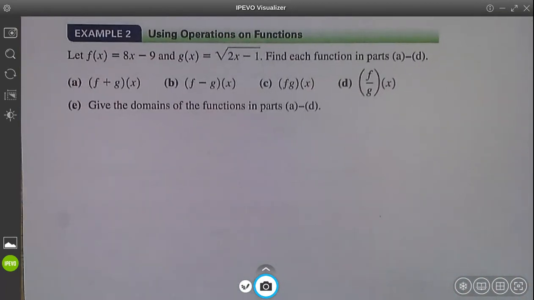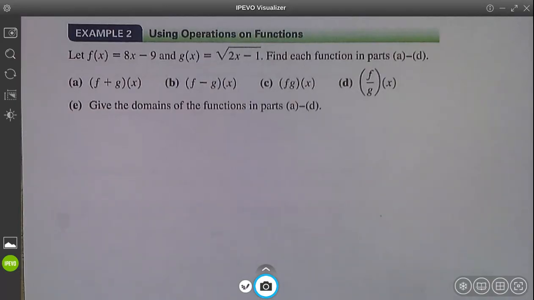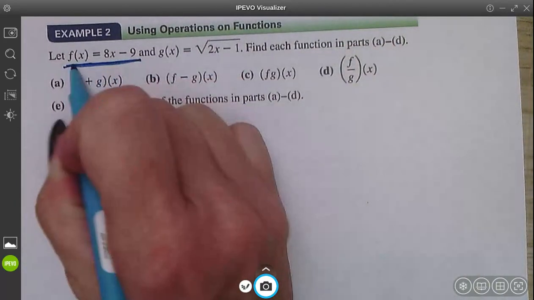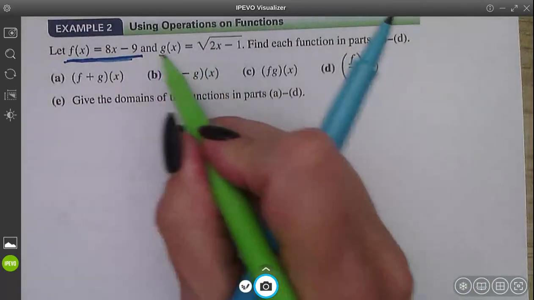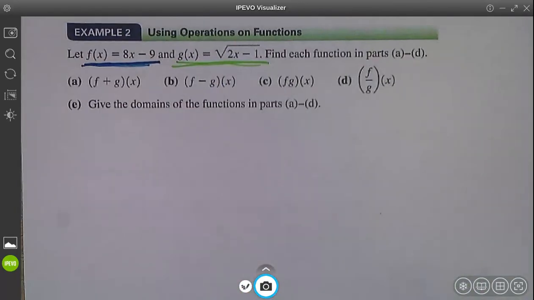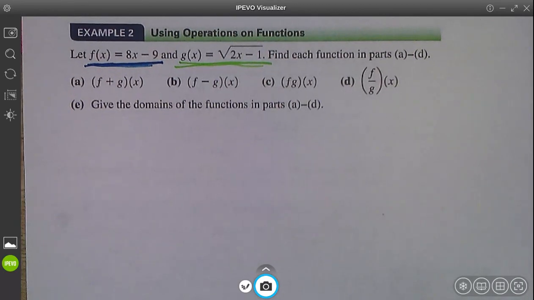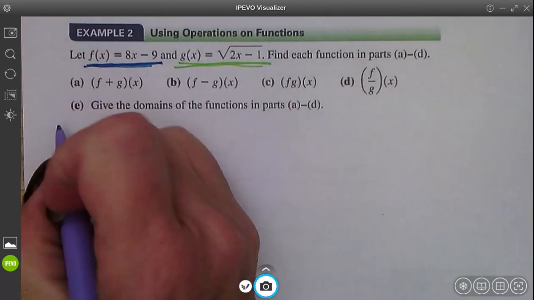Okay, f of x equals 8x minus 9, g of x equals square root of 2x minus 1. So if we are going to do the operation, I'll make f of x blue still and g of x green. F plus g of x means I'm going to take f of x plus g of x.